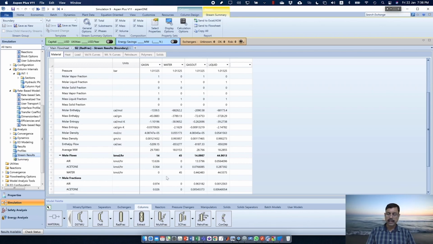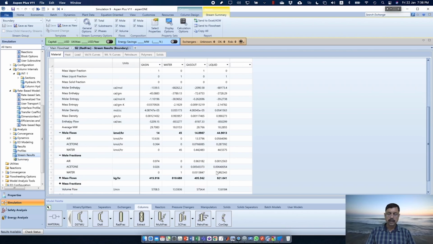If you see the mole fraction, the liquid is 99% water, and the gas out is 99% air. So gas out consists of mainly air and liquid consists of only water.